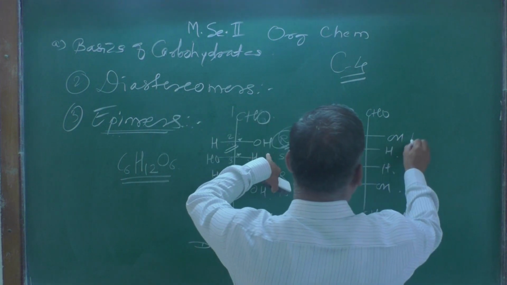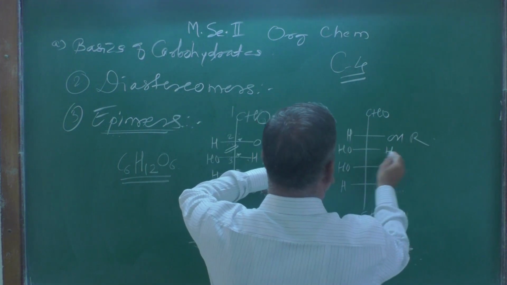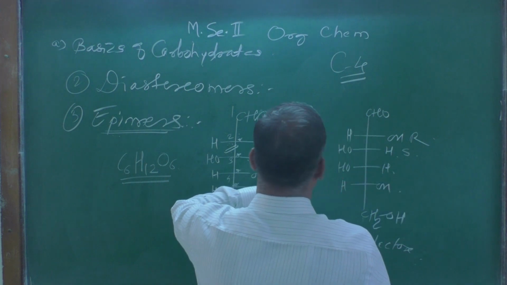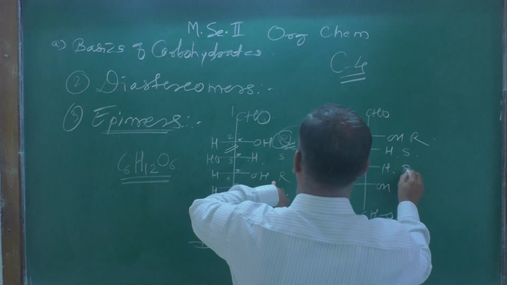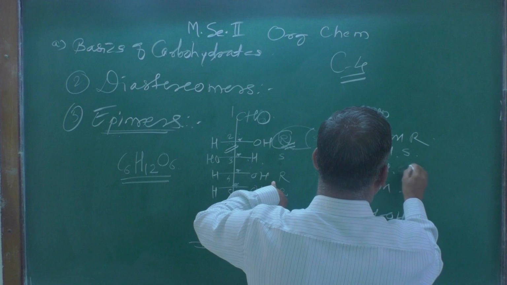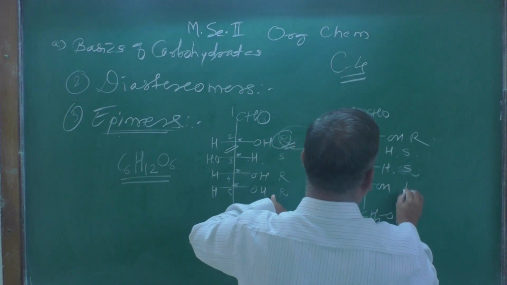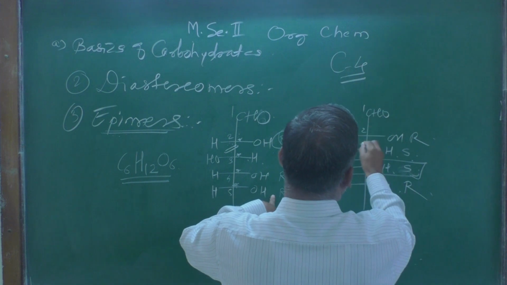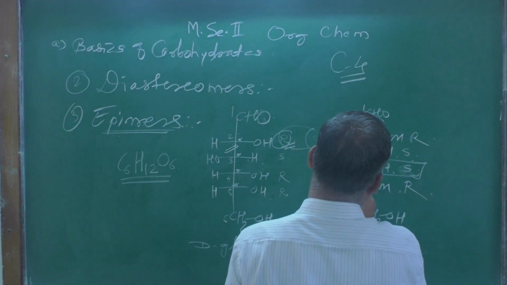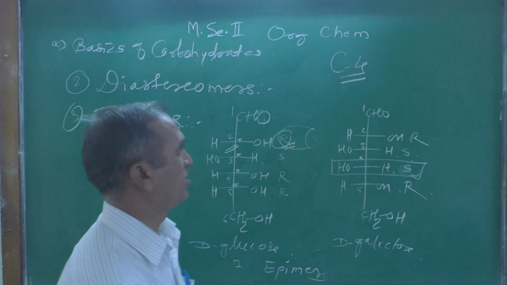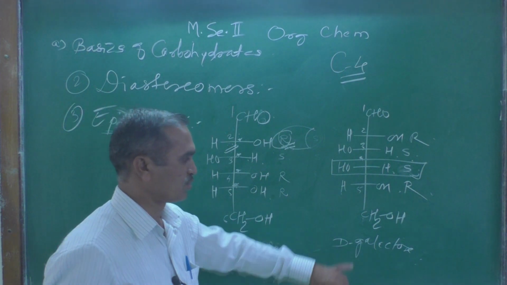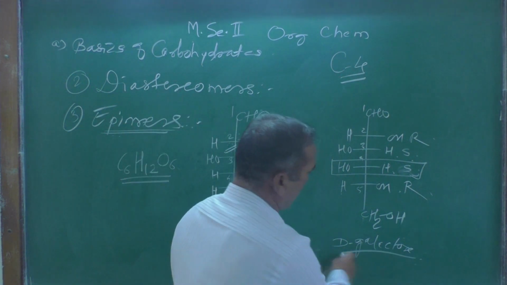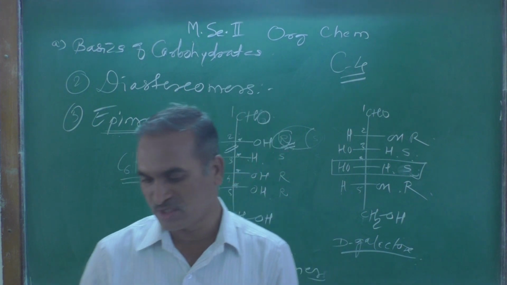Here R configuration remains R, S configuration remains S, but here OH changes, it is an S configuration, and this remains R. They are changed at C4, 1, 2, 3, 4, at the C4 configuration, and therefore D-glucose and D-galactose are epimers of each other.